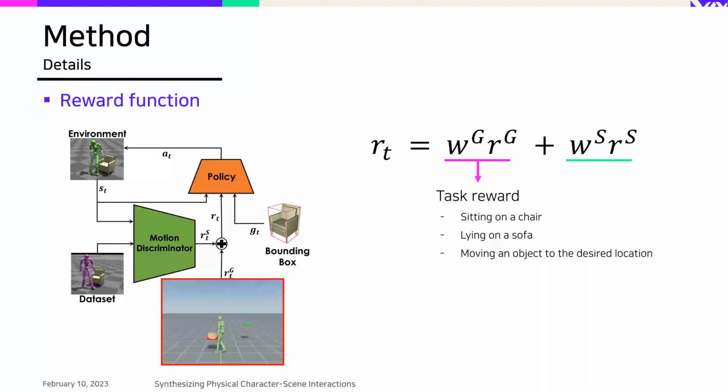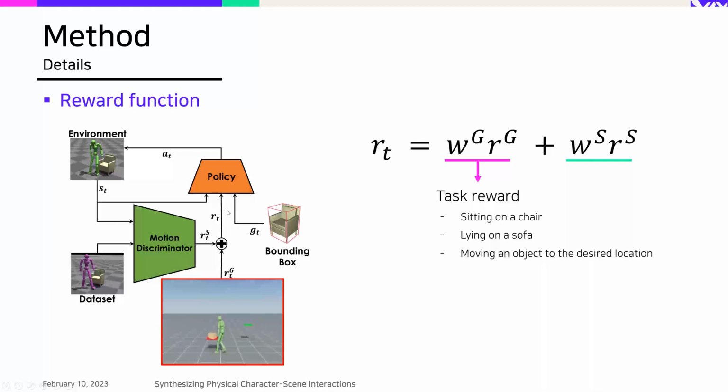So the motion discriminator is to make the data distribution similar to the reference data. And the policy takes the role of seeing the scene and generating the motion.